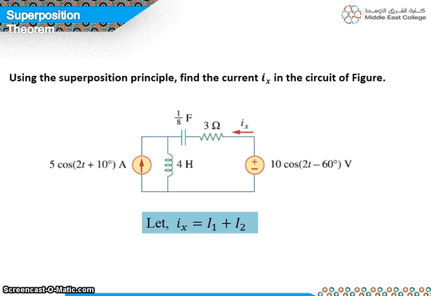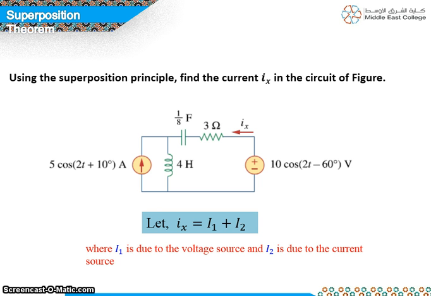Before looking into that, let us derive what the current Ix will be by the superposition principle. Ix will be equal to I1 plus I2. I1 is the current due to one source and I2 is the current due to the other source. Here I1 is due to the voltage source being active and I2 is the current due to the current source being active.